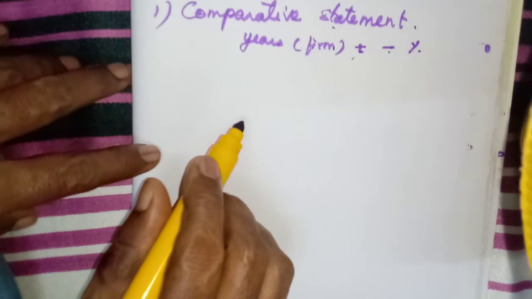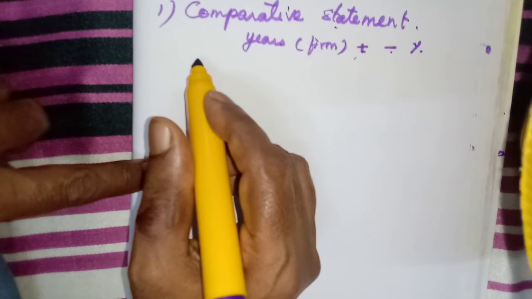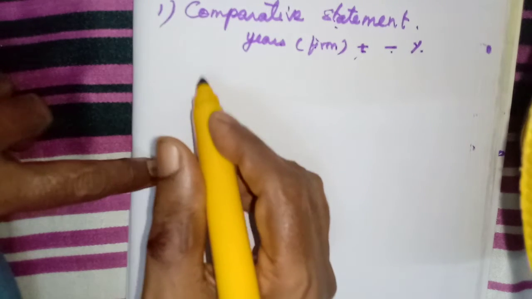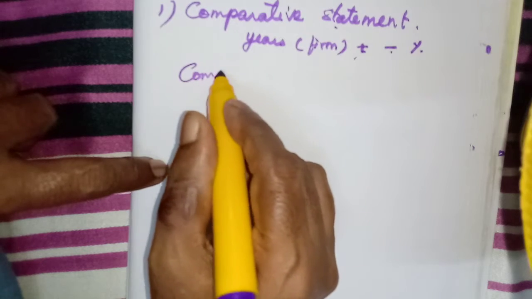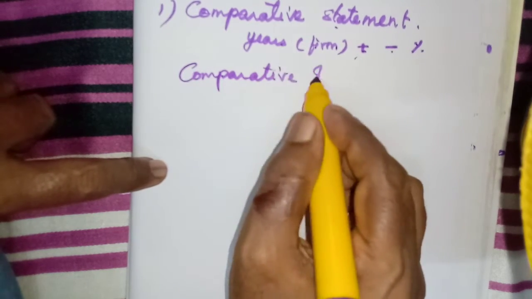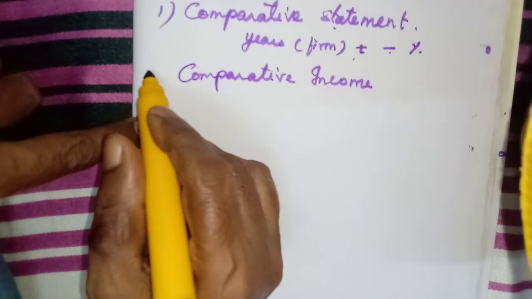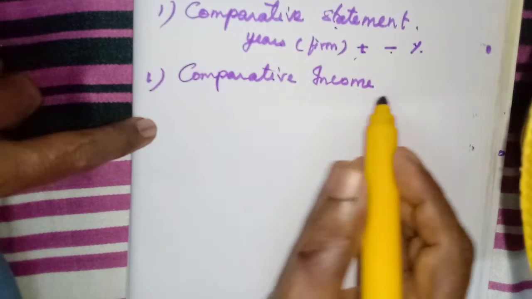Here 5 columns will be there. Comparative income statement of Arul Limited. I will write fully for the first problem alone. Exercise number 1.